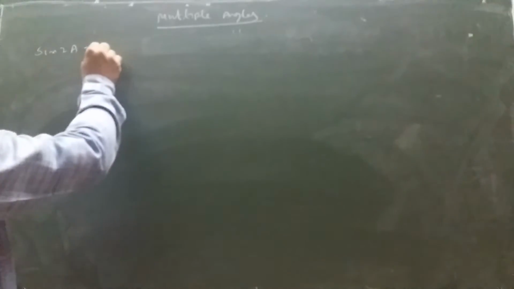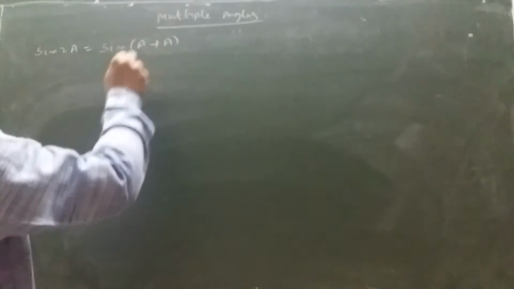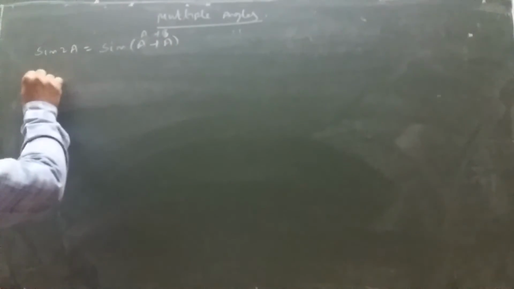First we have to find sin 2A. How to get sin 2A? Sin 2A can be written as sin of A plus A. It is in the form of A plus B. What is sin A plus B?